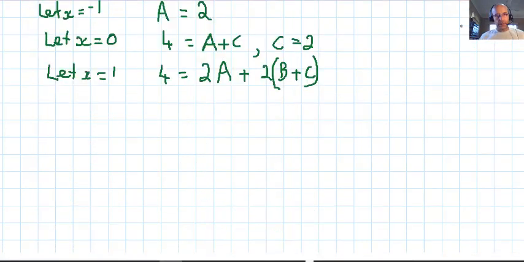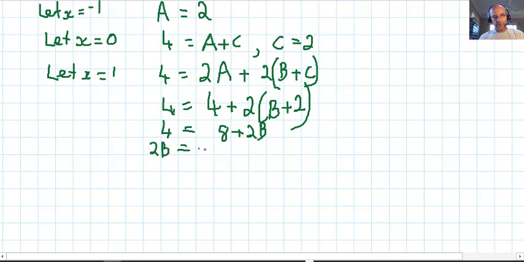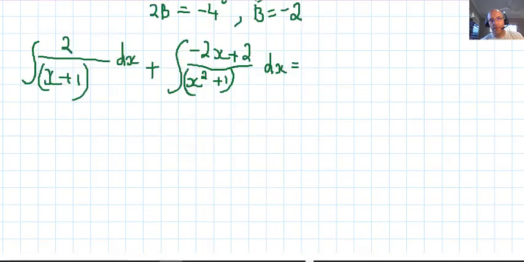We know a and c, so that's 4 plus 2 outside of b plus 2, so 4 equals 8 plus 2b, 2b equals -4, so b equals -2. Okay, so subbing in a, b and c, we get that, and we'll keep progressing now.